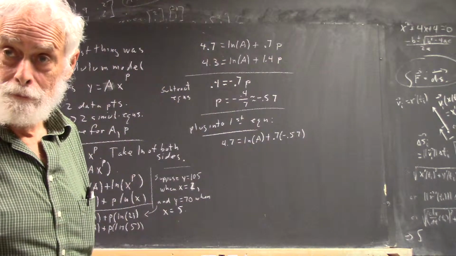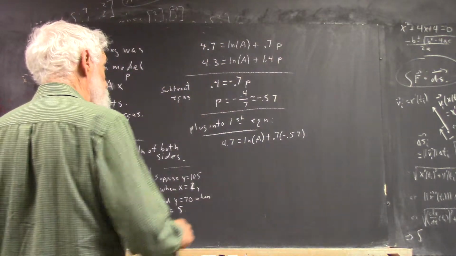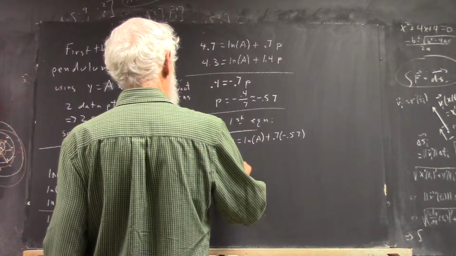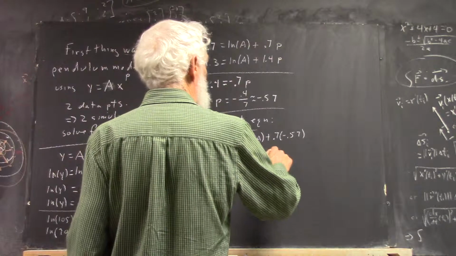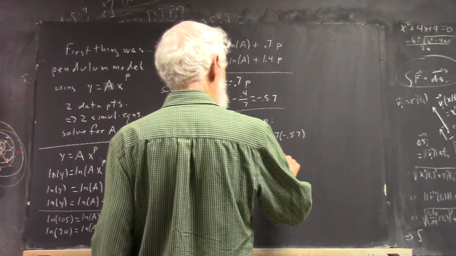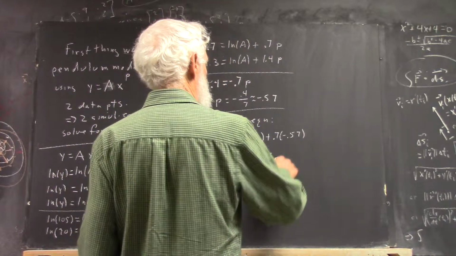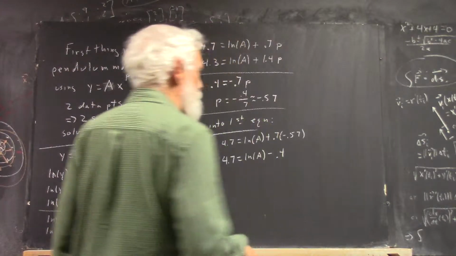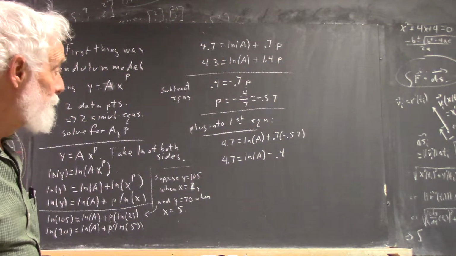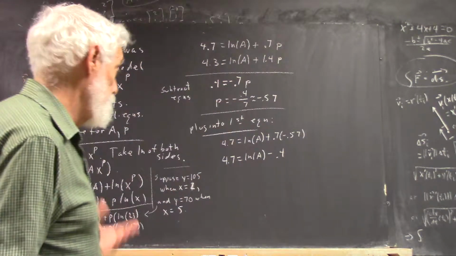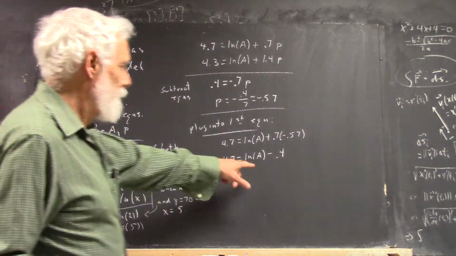Well, that means 4.7 equals the natural log of A minus 0.4. Okay? I can tell that from this division action, but there it is.